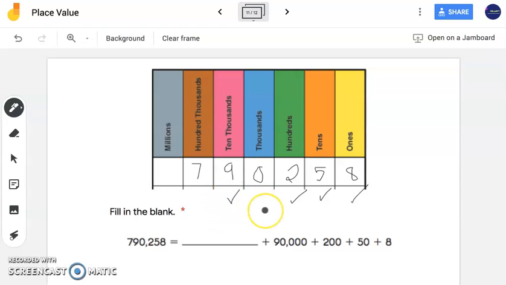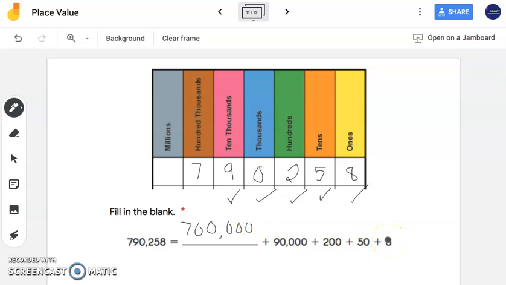Now 0, I don't need to write plus 0 because it's not going to change the problem at all. But I notice here I don't have anything in my 100,000s place representing that digit 7. So I'm going to figure out the value of the digit in my 100,000s place would be 700,000. Now that digit 7 is telling me that my value is going to be 700,000 of the digit 7 in my 100,000s place.